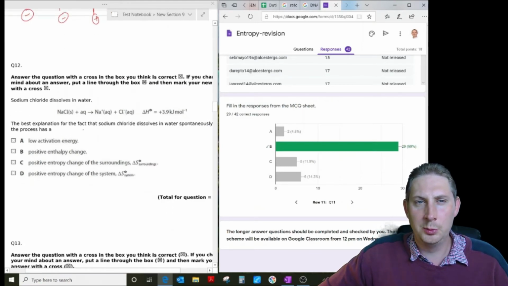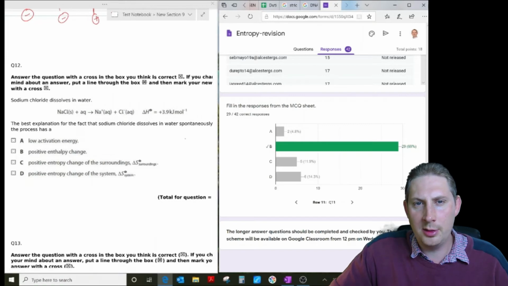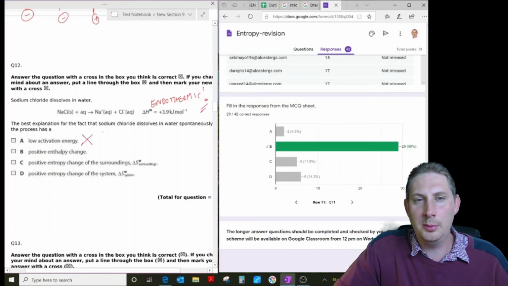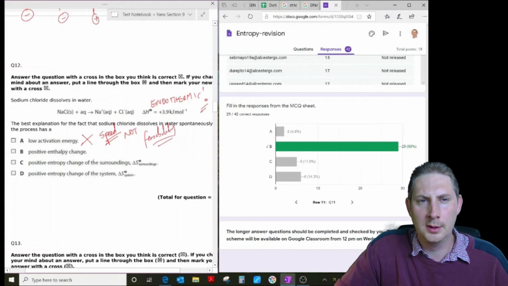Sodium chloride dissolves in water, but it's endothermic. The best explanation for the fact it's spontaneous? Nothing to do with the low activation energy. This is all about the speed of the reaction, not the feasibility. Positive enthalpy change, no, that if anything hinders the reaction.